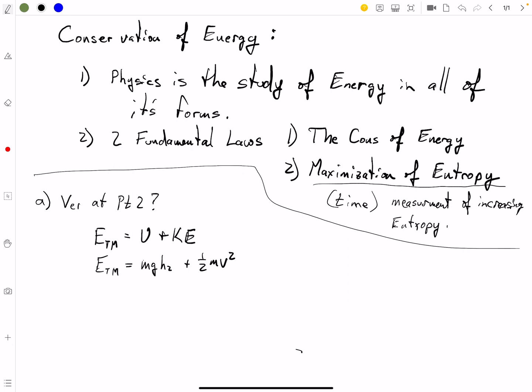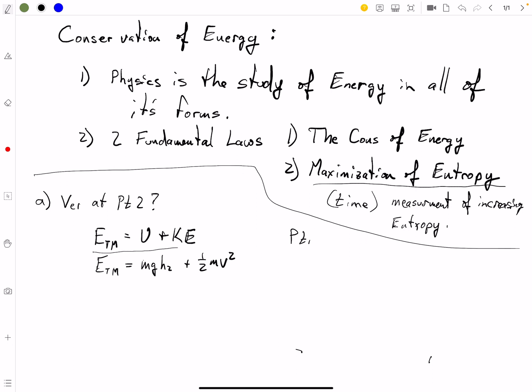Okay. Hopefully you guys know that when we figured out the potential energy at point 1, let's just look at point 1 for a second. I'm not going to scroll back up to point 1. I'm just going to say here is point 1.